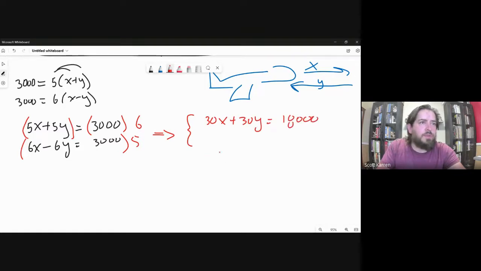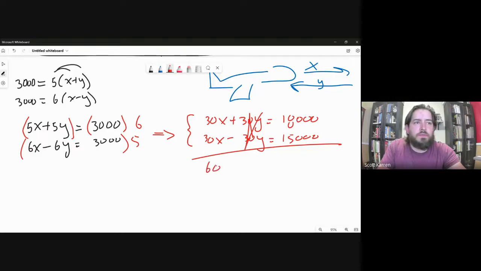And the bottom, multiplying by 5, I've got 30x minus 30y equals 15,000. Combine those, y's are gone. 30x plus 30x is 60x. If I add these together, I get 33,000, and then I'll just divide each side by 60.